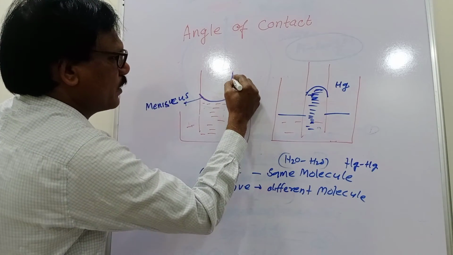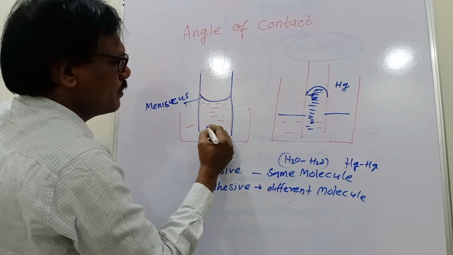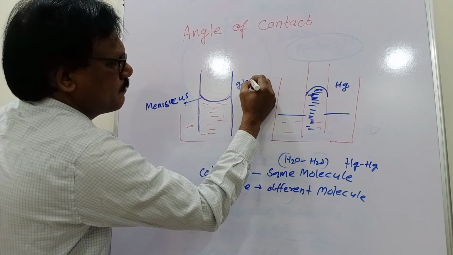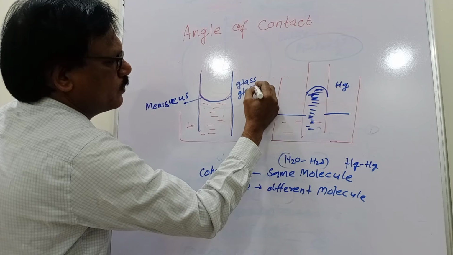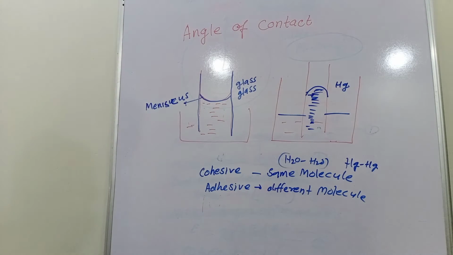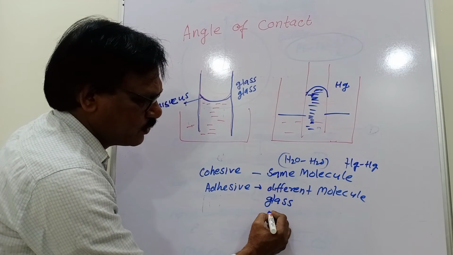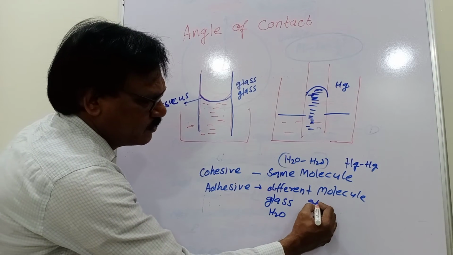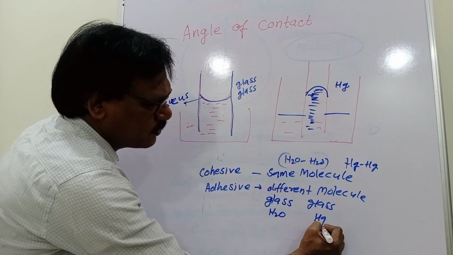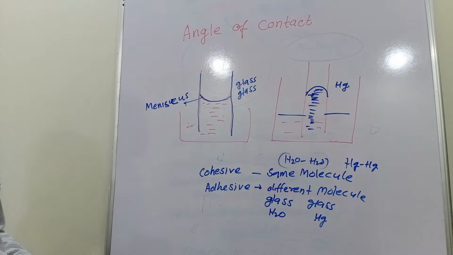And if the glass test tube is here, that is also cohesive force. But the force between glass molecule and water molecule, and glass molecule and mercury molecule, is called adhesive force.